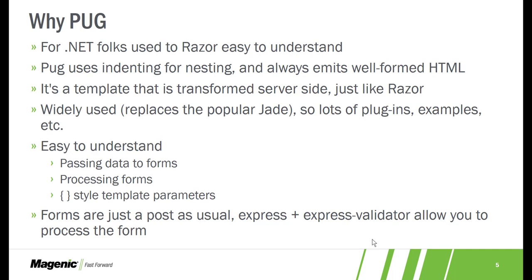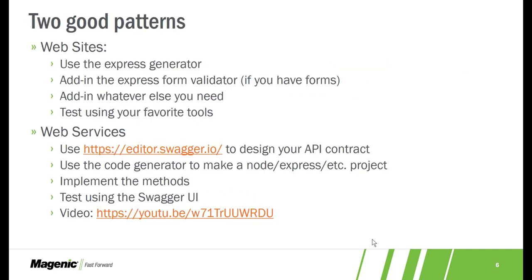It uses indenting for nesting, so it's a little YAML-ish, but it always emits well-formatted HTML, and it is a server-side templating language, so it's transformed. So if you are used to something like Razor, you'll understand that as well. By the way, the old name for Pug was Jade, and Pug 2.0 has been out for a little while and is widely used. And there, again, like Express, there are a ton of things that you can add to Pug, controls and things like that.